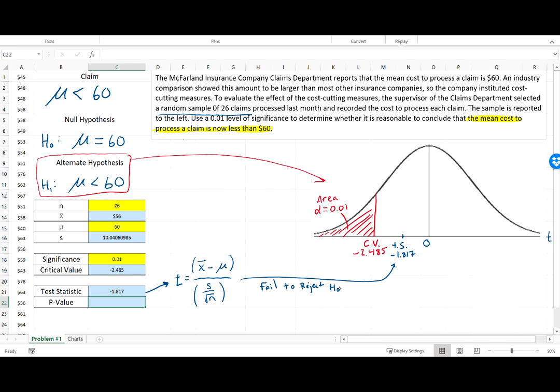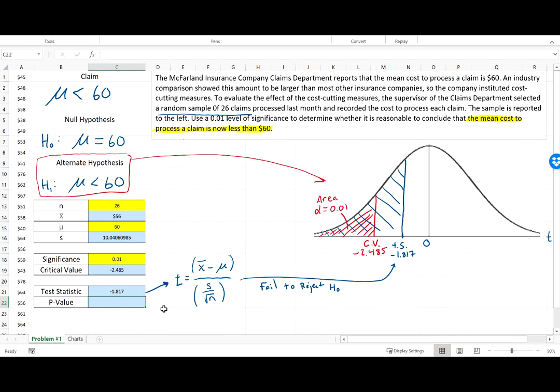That's the traditional method of a hypothesis test, and we could also talk about the p-value method. And the p-value, well, we need the area outside of the test statistic. Now, just by this diagram, we know it's larger than alpha, but let's just determine what that p-value is. So that p-value should be the area to the left of negative 1.817.